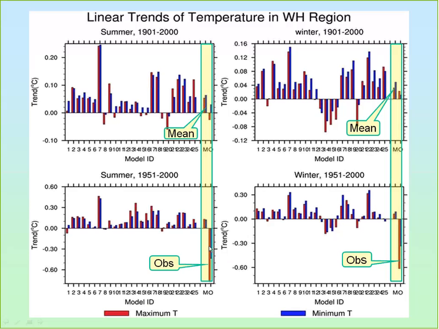As we see, it's actually cooling during the 50-year period, cooling more than half a degree, and maximum cooling is more than minimum. These are the model ensemble averages, and all the remaining bars are the individual models, maximum and minimum.